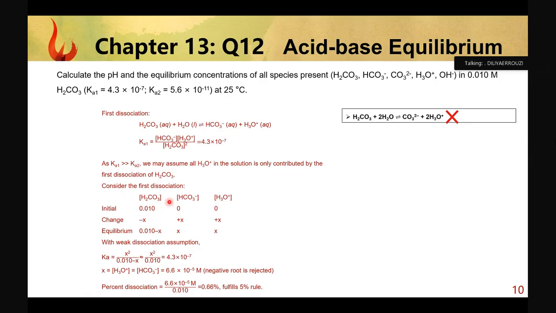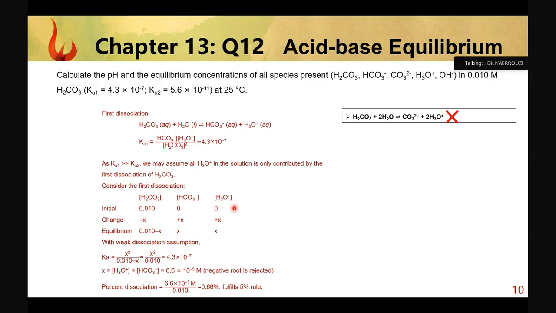Using the ICE table, based on this equation, we have three species which are changing. The initial concentration of H2CO3 is 0.01.